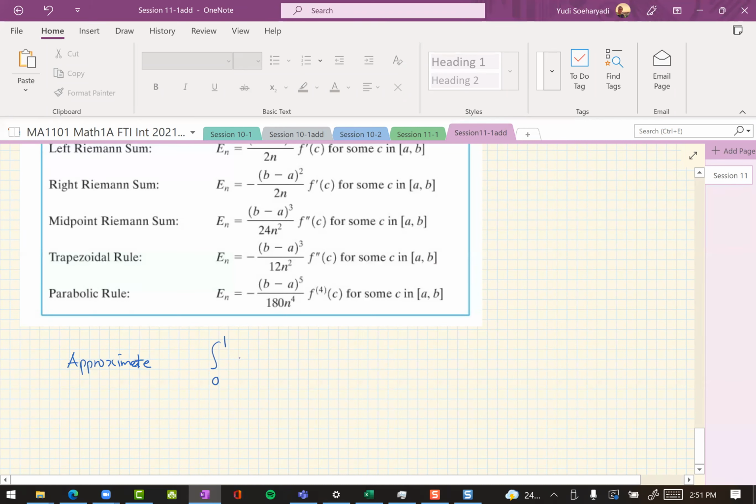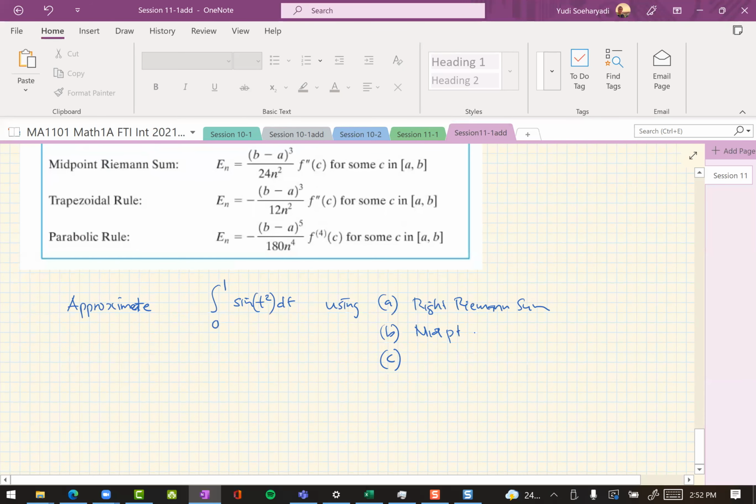Approximate this integral: A, using the right Riemann sum; B, using the midpoint; and C, using the parabolic rule, with the error less than a given bound.